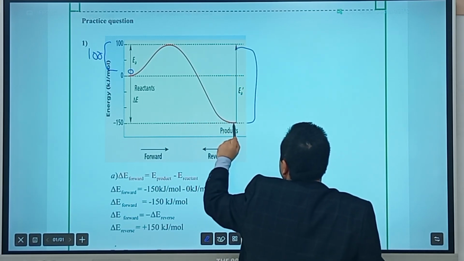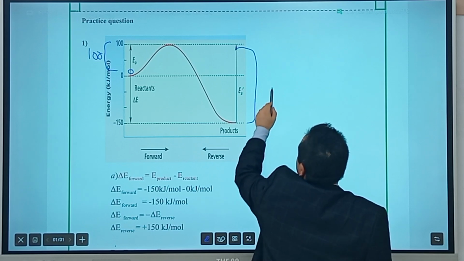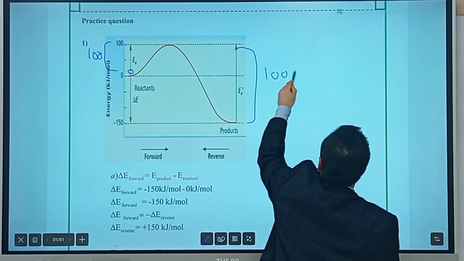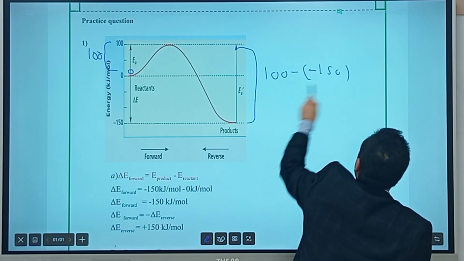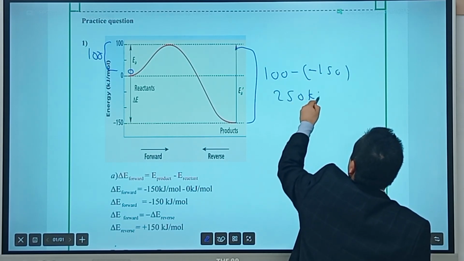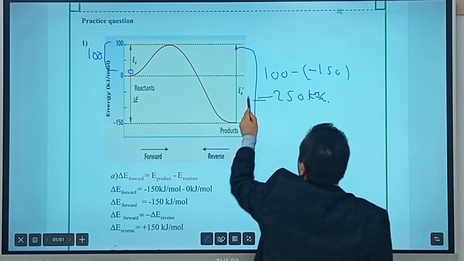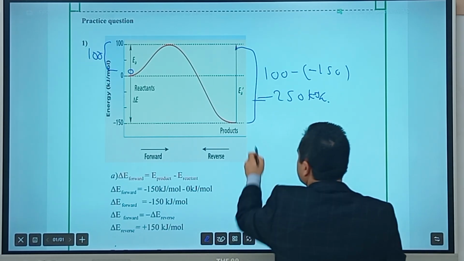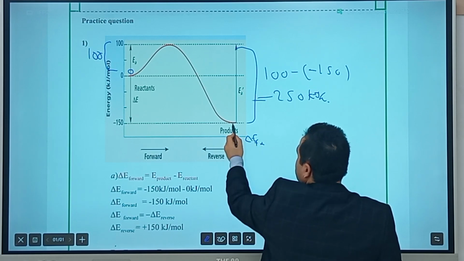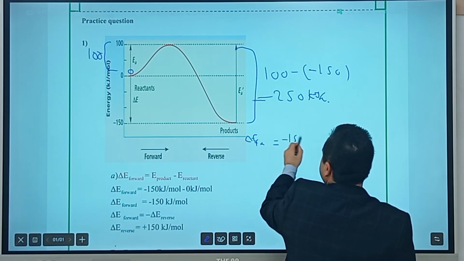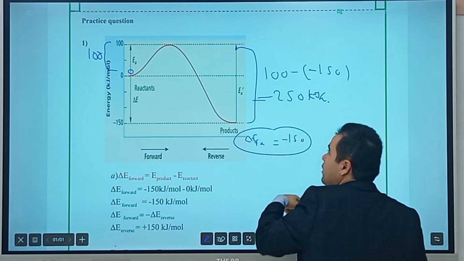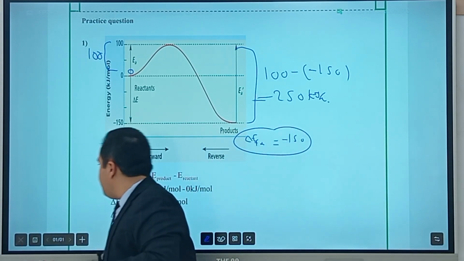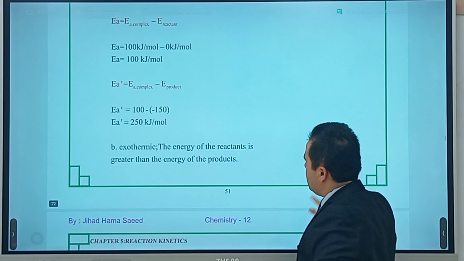Because the reactant is higher than the product. 100 minus negative 150 results in 250 kilojoules per mole. This is the EA prime. Delta E forward is equal to product minus reactant, negative 150 minus 0 is minus 150. Delta E reverse is equal to 150.